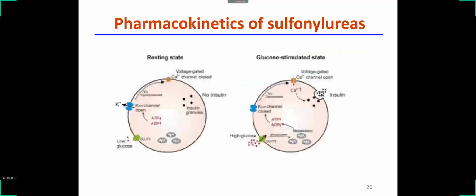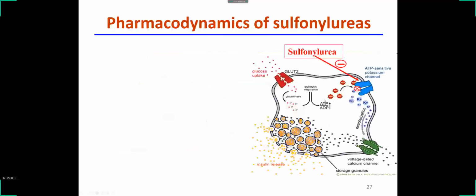Okay, where do we go? I lost my slides here. So glucose, if you remember, drives up ATP, and ATP will then open or modulate this channel, which will then depolarize, drive in potassium and depolarize the membrane.